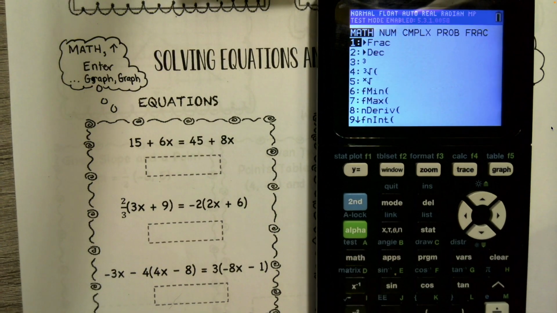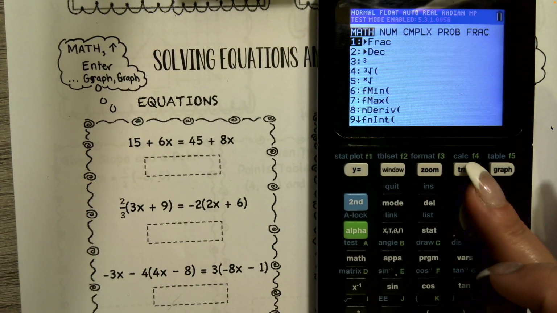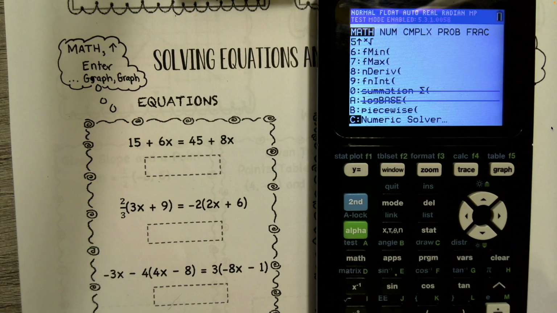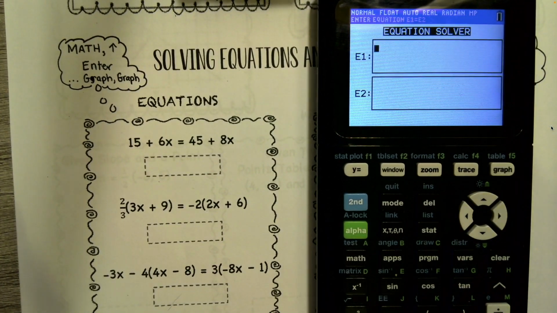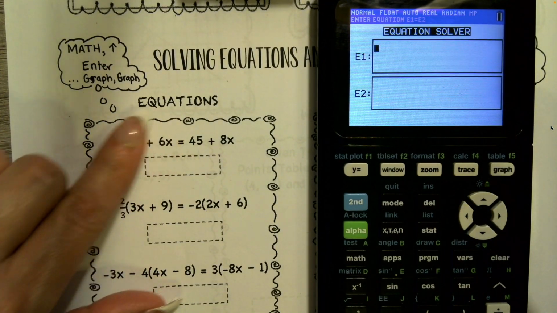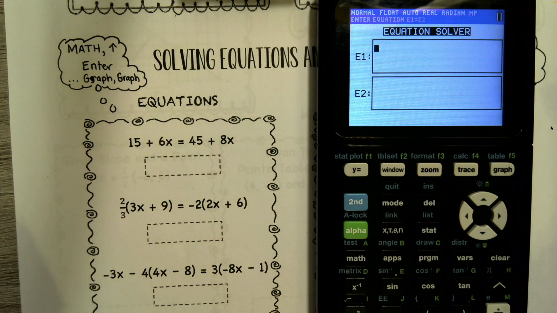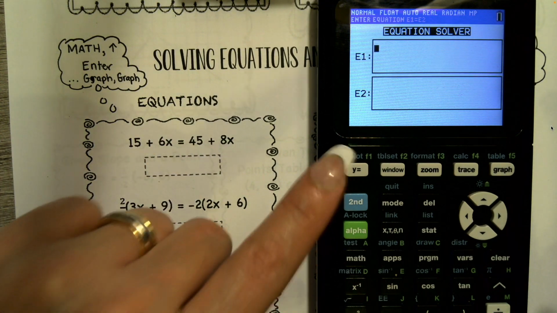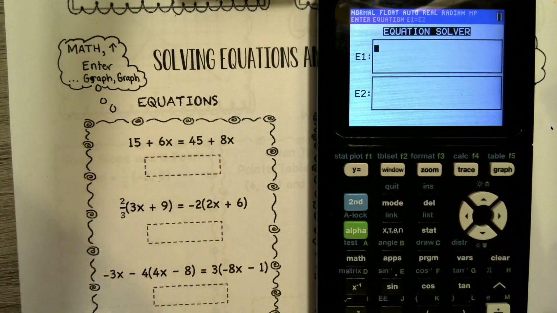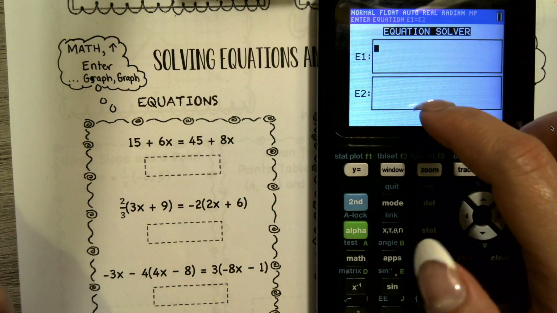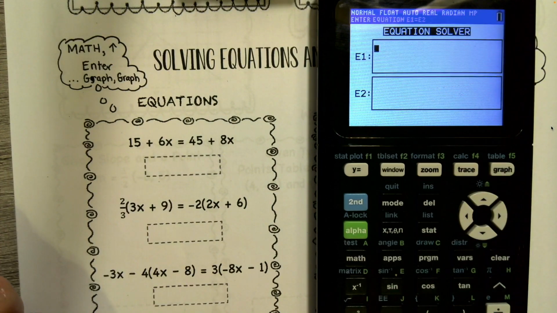Then you click arrow up. And then you do enter. There you go. These two boxes mean that you put the first expression before the equal sign in the first box and then the second expression after the equal sign into your second box, and then you do graph.